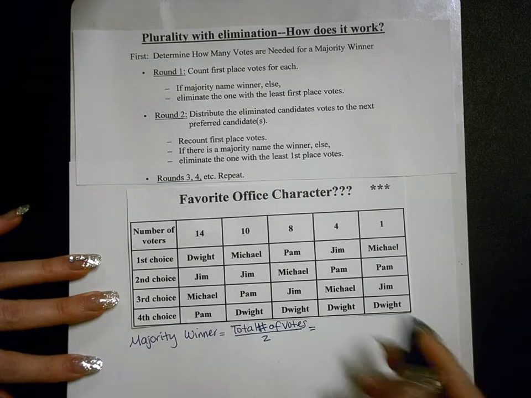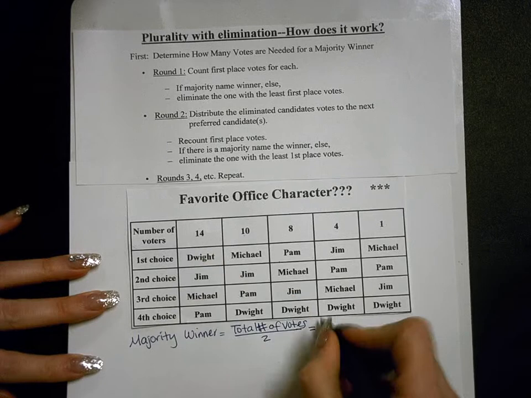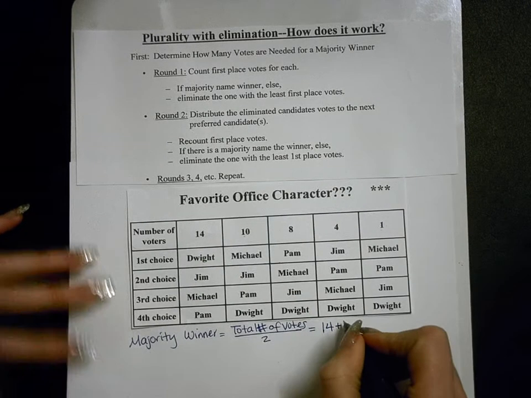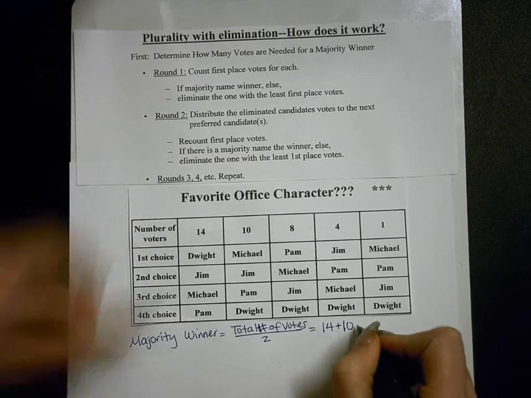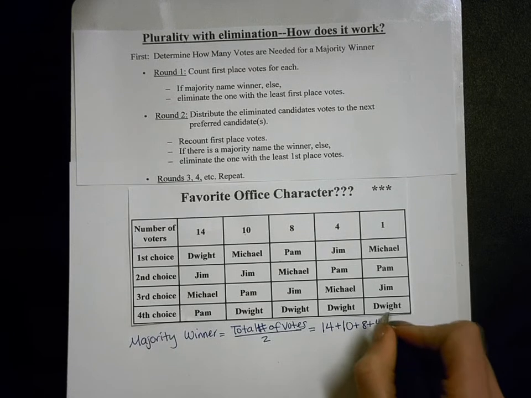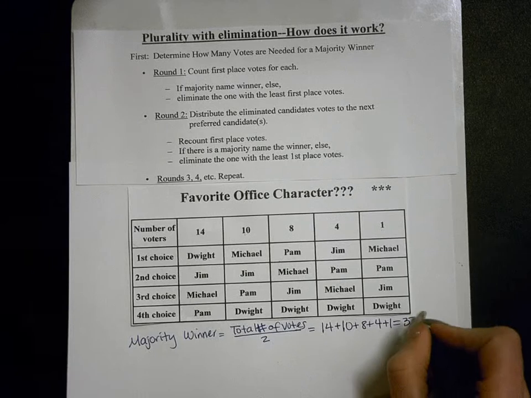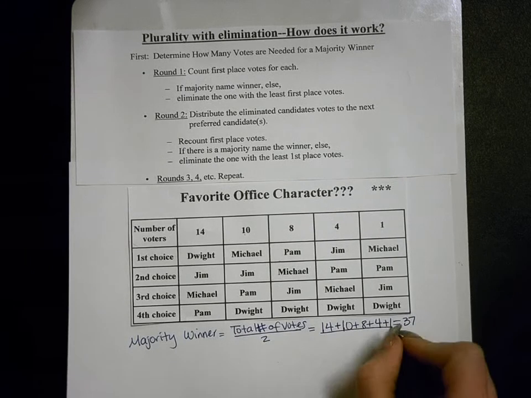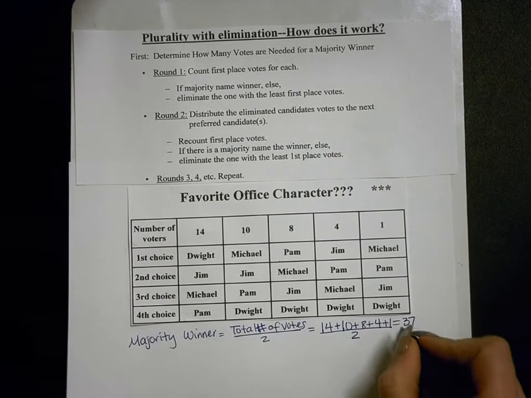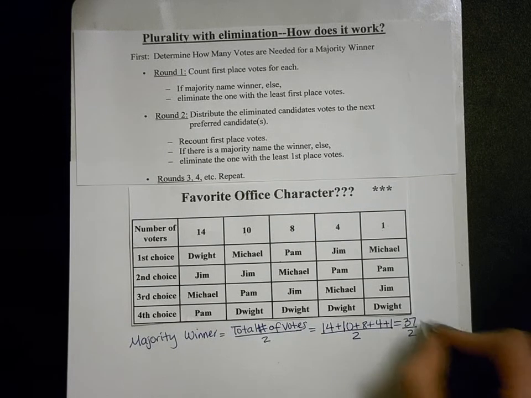To find the total number of votes, we add up all these numbers: 14 plus 10 plus 8 plus 4 plus 1. When you add up all those numbers, they equal 37. Oops, I forgot, I've got to divide it all by 2. So the total number of votes divided by 2 is equal to 18.5.